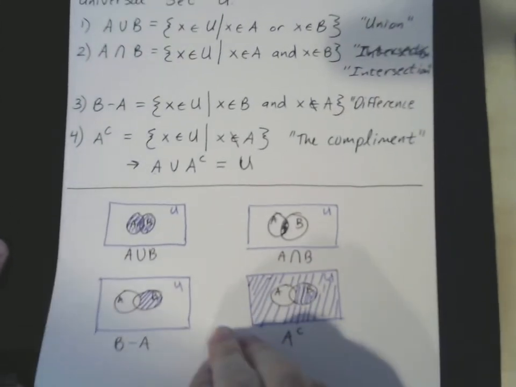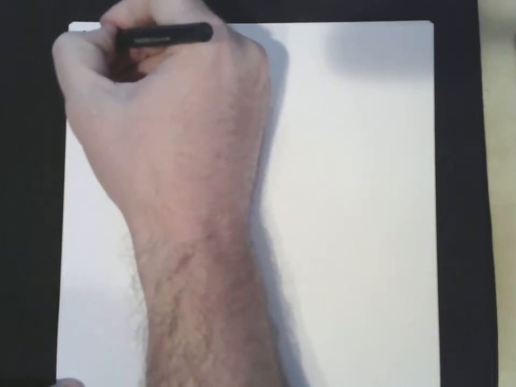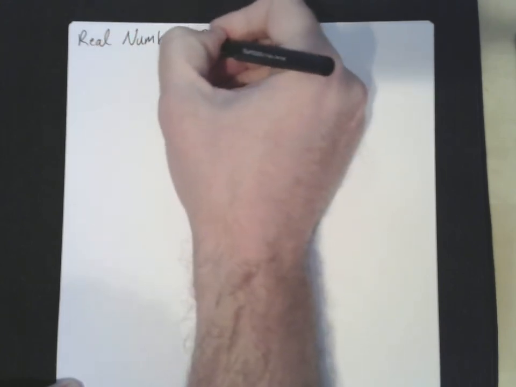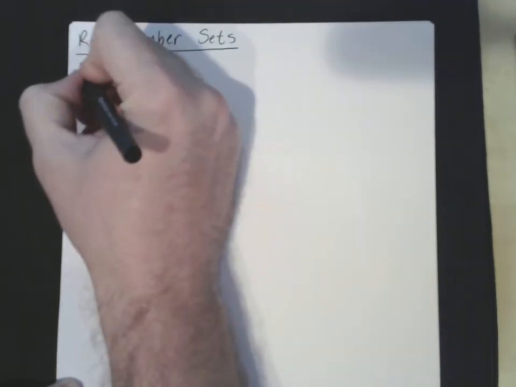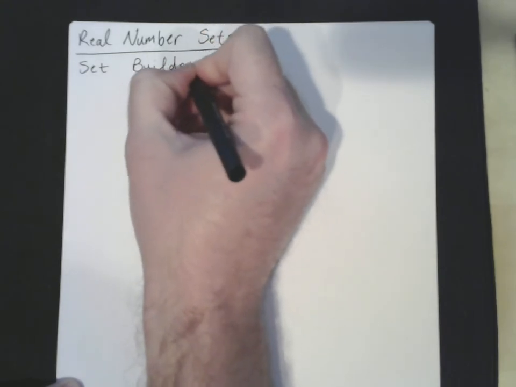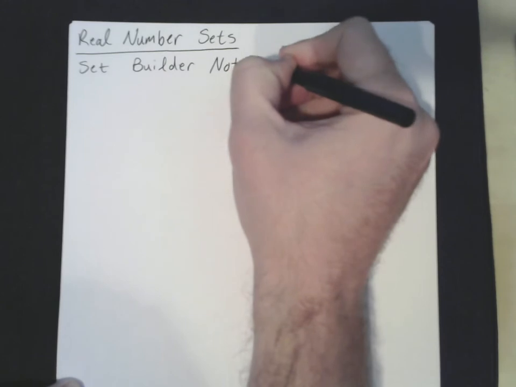So let's talk a little bit about our real number sets and our set builder notation. So I've been using set builder notation this section, and you will hopefully recognize it if you haven't already.